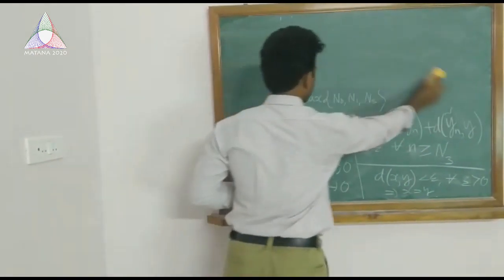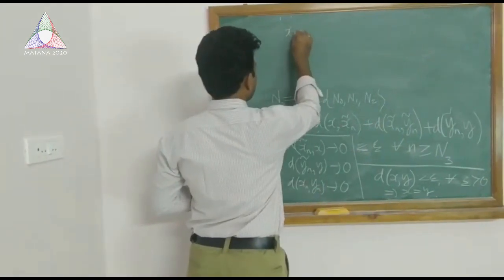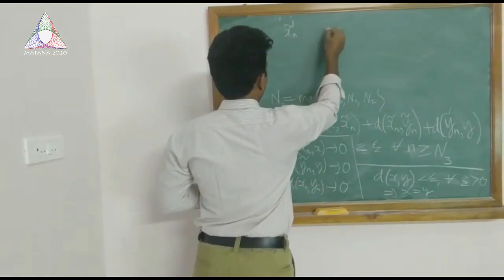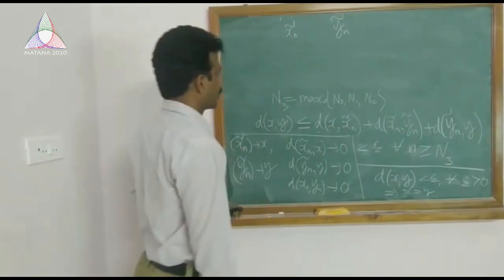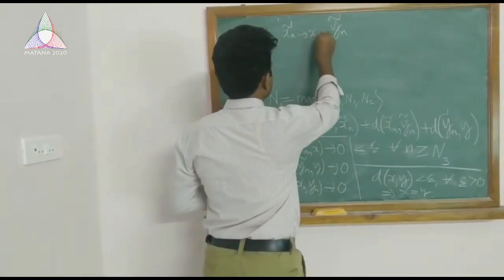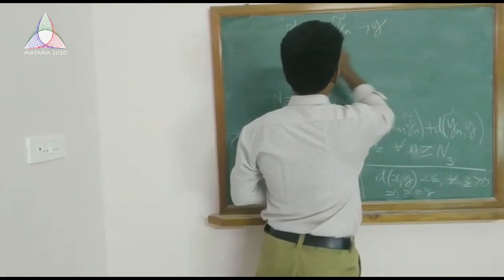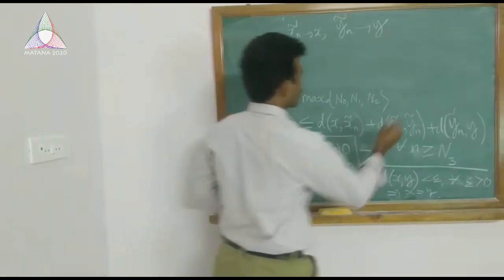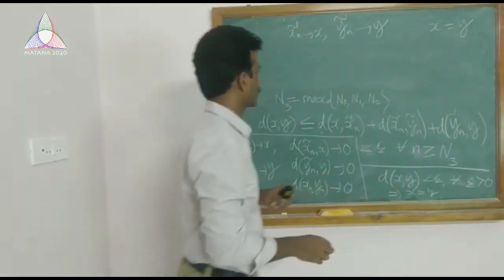Thus we have identified two sequences xn tilde and yn tilde. They are subsequences of xn and yn. So xn tilde is converging to x, yn tilde is converging to y, and we have seen x equals y. Therefore both of them are converging to the same point.